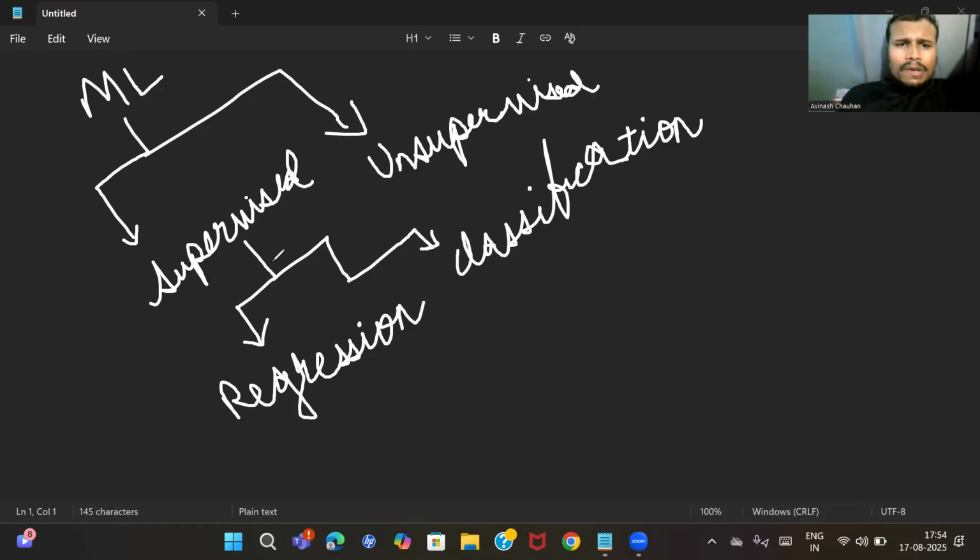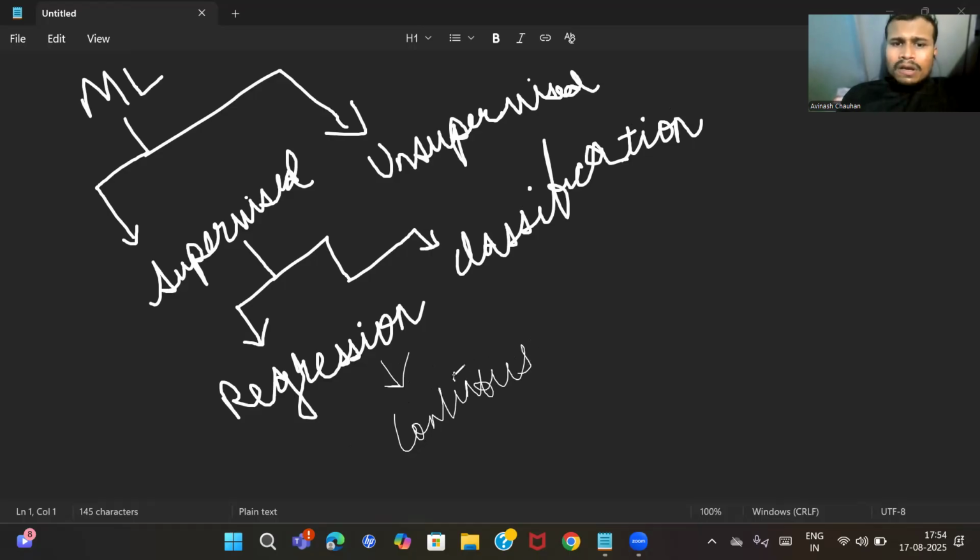And to understand it more, what do you mean by regression? What comes under regression is continuous data.